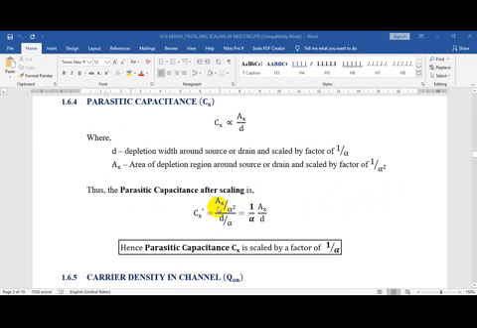So that's why the parasitic capacitance after scaling: AX is replaced by AX by alpha square because the scaling factor is alpha square, and D is replaced by D by alpha. So if you solve, you will get a scaling factor of 1 by alpha. Hence parasitic capacitance Cx is scaled by a factor of 1 by alpha.